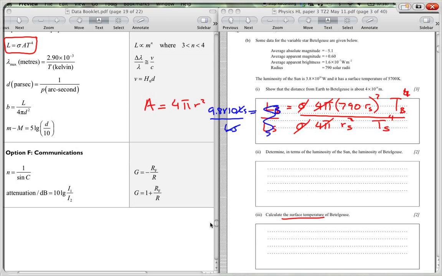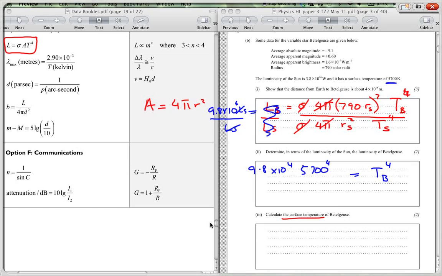And this T of the sun to the 4, we know that's 5,700. So the temperature of Betelgeuse is going to equal 9.8 times 10 to the 4, multiplied by 5,700 to the power of 4.